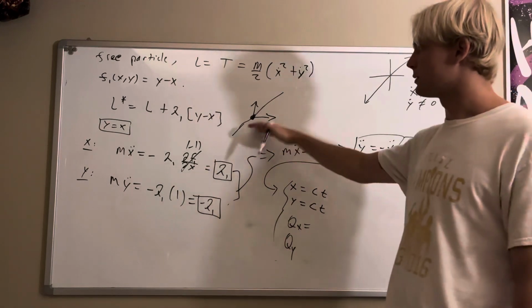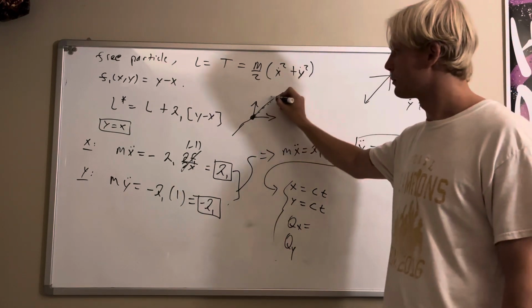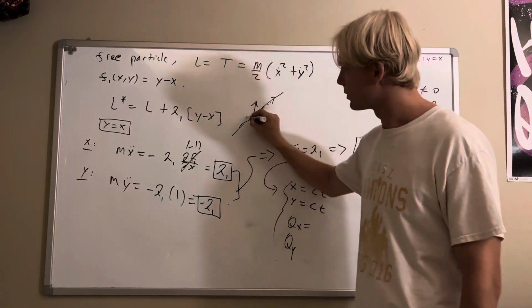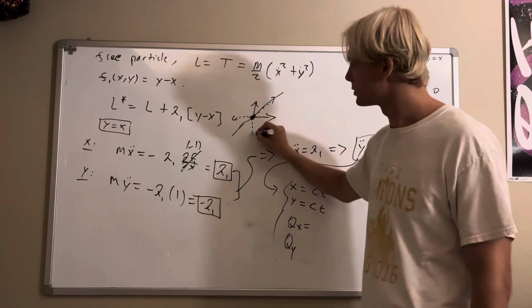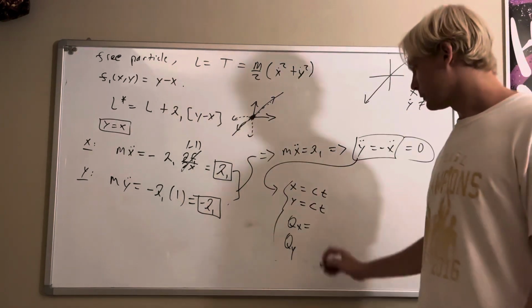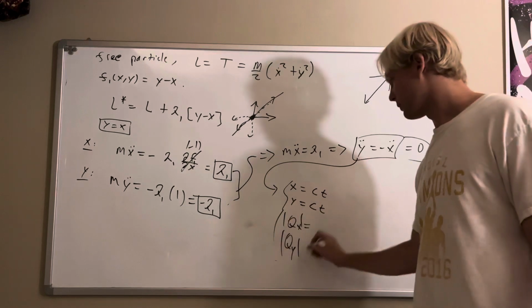So it'll keep it on this line going up. And the same goes for, if it was going this way, there'd be a force going that way and a force going down. So the magnitude of the forces is lambda 1.